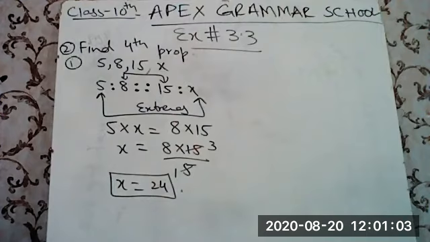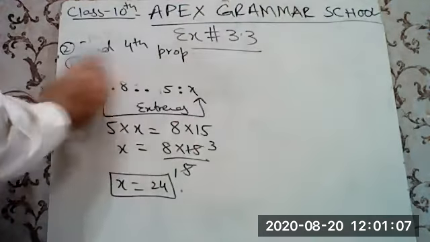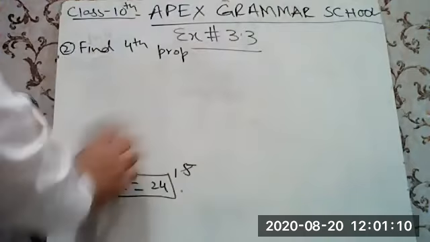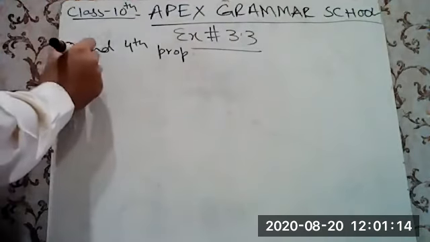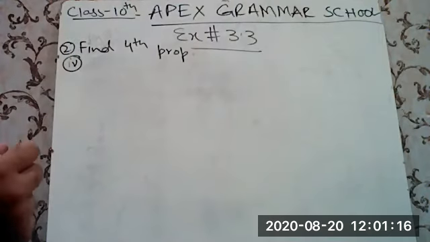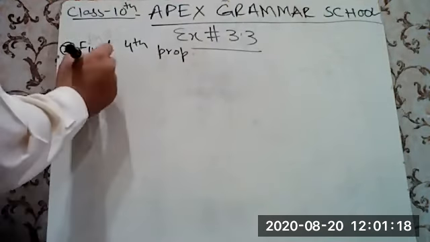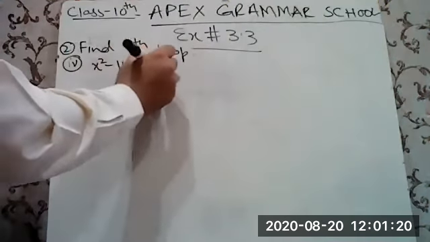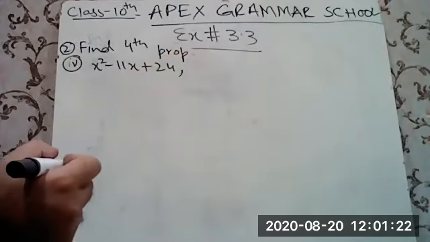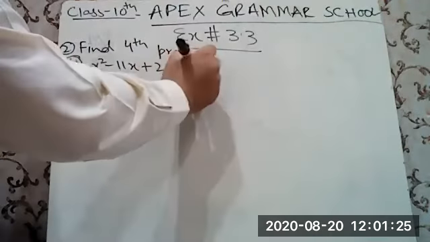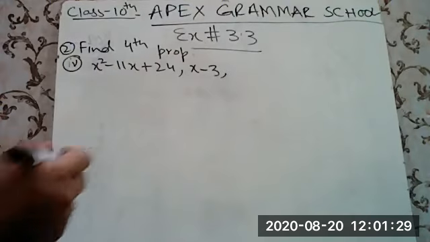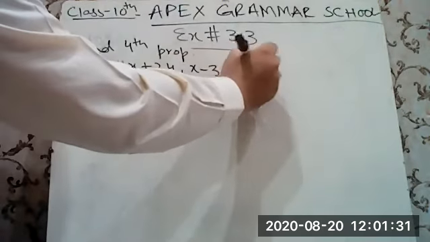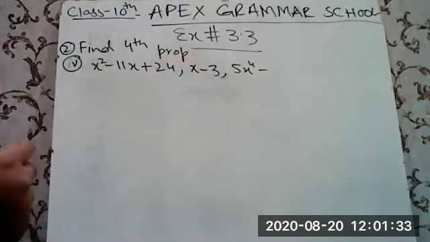Part number 4, we will solve part number 4 here. Part number 4 is x square minus 11x plus 24, x minus 3, and 5x raised to power 4 minus 40x square.